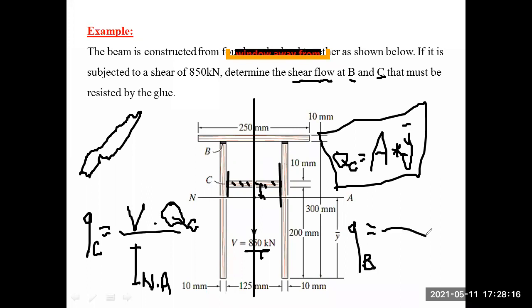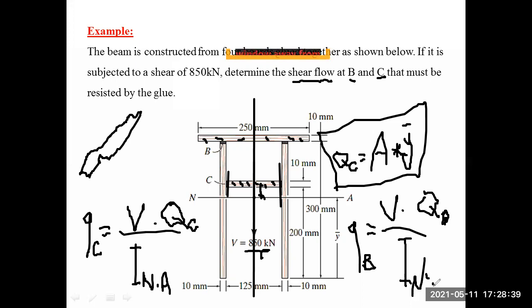For B, I use the same shear force, 850, times the Q that is different, which is for this element that would disconnect, over the moment of inertia about the neutral axis, which is the same.